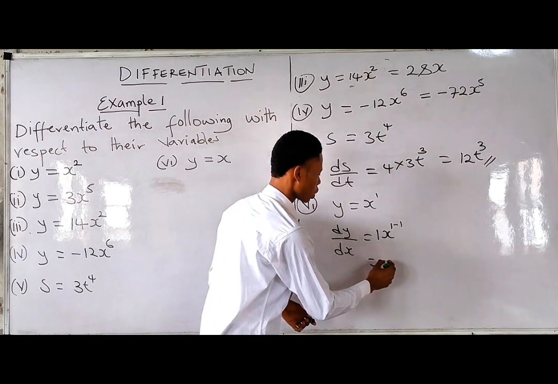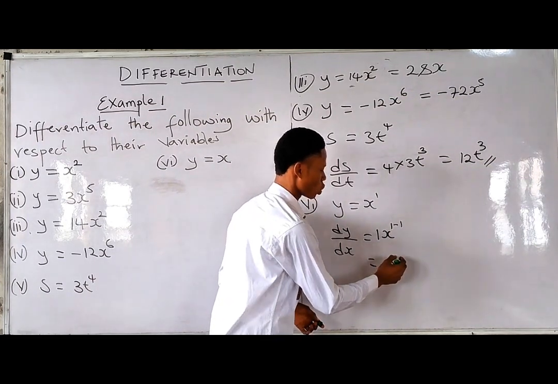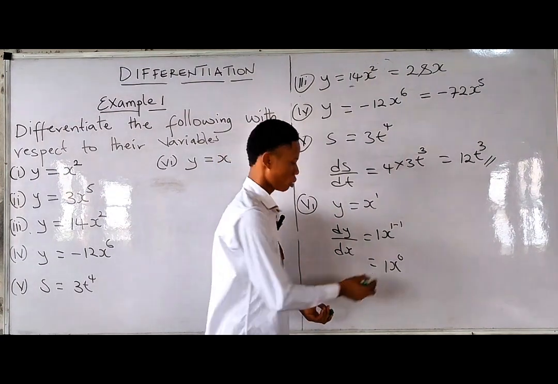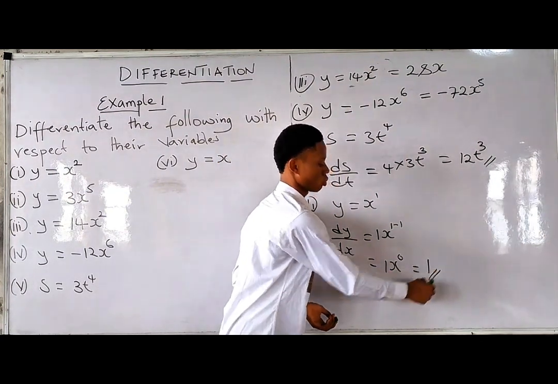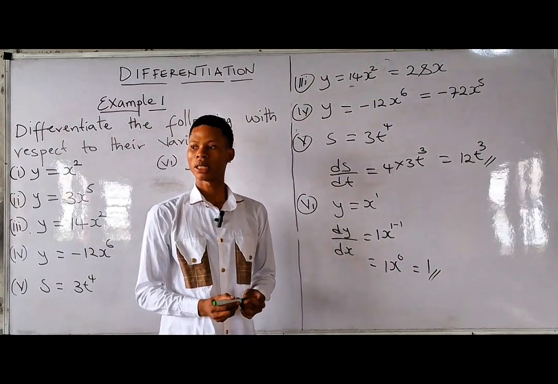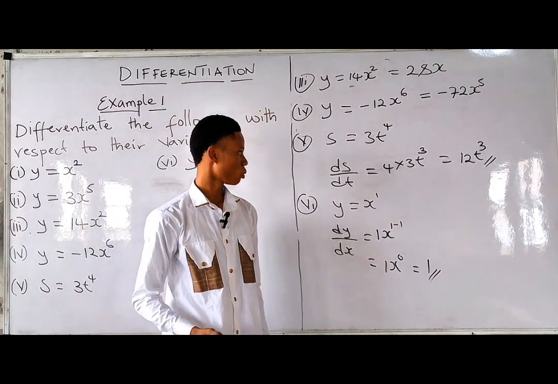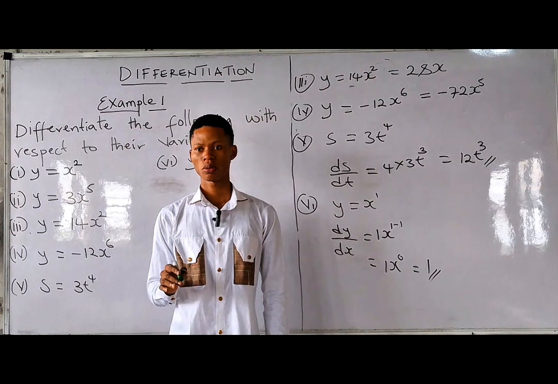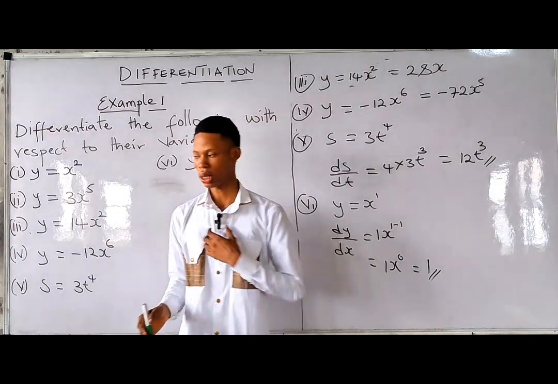So we'll end up with 1x, 1 minus 1 is what? 0, right? Anything raised to the power of 0 is what? 1. That's our answer there. Any question on this? Before we advance a little. No question. Write it down.